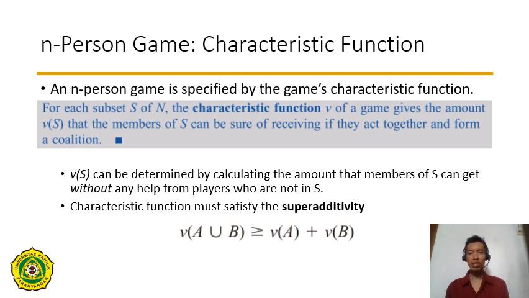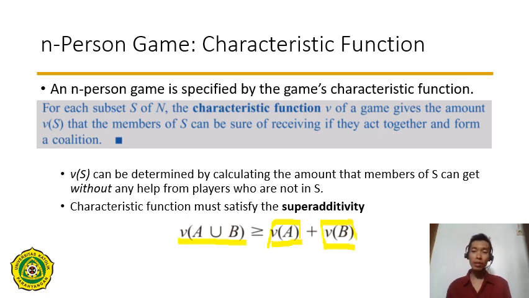This property says that, let's say we have two players, A and B. If A acts alone, he or she receives v(A). If B acts alone, he or she receives v(B). Now, if they form a union or a coalition, then the value that they receive after they form the coalition must be greater than or at least equal to the sum of the values they receive when they act alone.